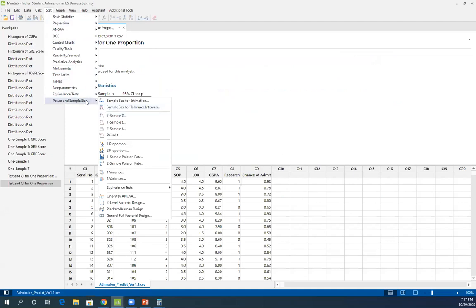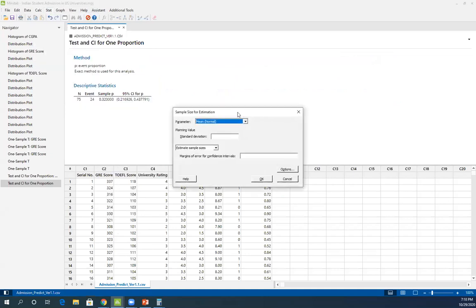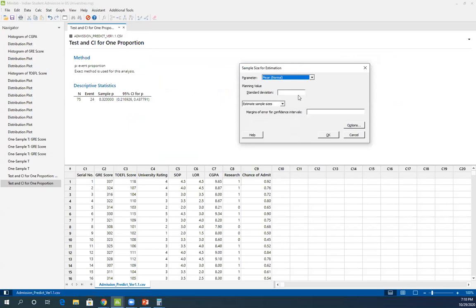Here we can do sample size estimation, either from a standard error or from a margin of error. These are the two options. These are determined based on standard deviation, variance, proportion, or mean.